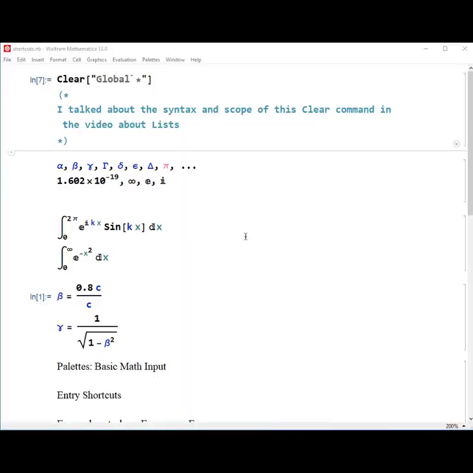A great feature of Mathematica is that many quantities that you enter, many of the commands that you can give it, can be formatted in exactly the same mathematical notation format that you use when you're taking notes, that you see in textbooks, that instructors use on the boards when they're writing expressions.